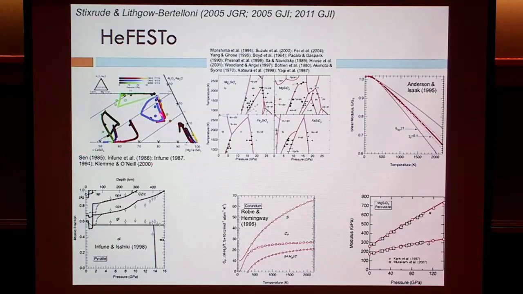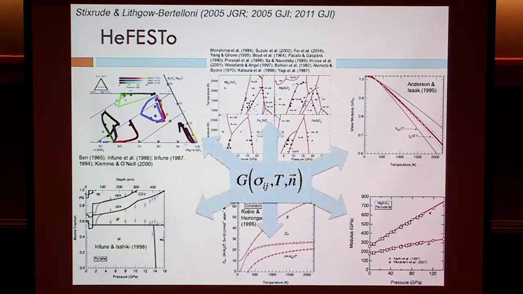Things like the variation of the composition of garnets and whole rock compositions, sort of one component phase equilibria here, variation of elastic moduli with temperature, variations in phase proportions in whole rock compositions, thermochemical properties like the heat capacity, and variations in elastic moduli with pressure. And again, the idea is that all of this comes from a single function that gives free energy as a function of stress, temperature, and composition, or equivalently Helmholtz free energy as a function of strain, temperature, and composition.